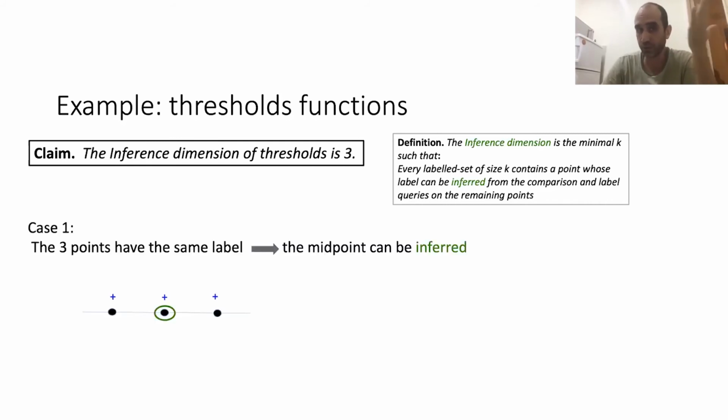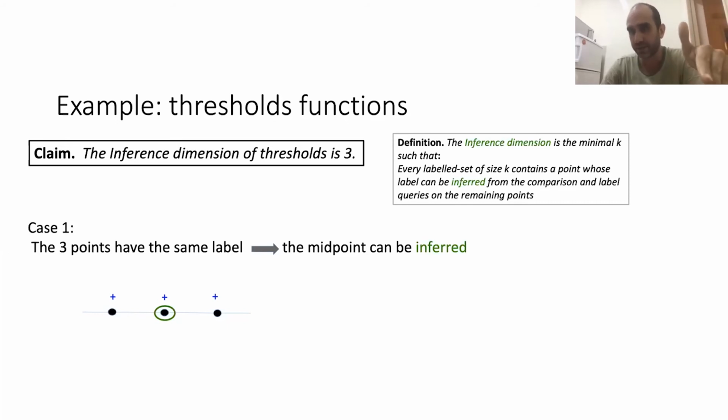So there are 2 cases. Either the 3 points have the same label, plus, plus, plus, then the middle point can be inferred. If I forget the label of the middle point and ask myself what it can be, then it must be positive.